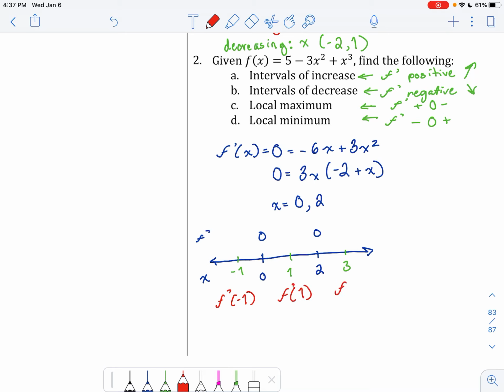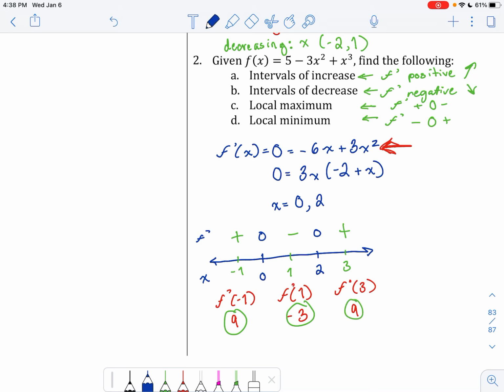So f prime of -1, f prime of 1, f prime of 3. And you can just plug that in to our formula right here. So -1 becomes 6 plus 3, so that's 9. 1 is -6 plus 3, -3. And 3 here is 9 again, meaning that we are looking at a positive interval, a negative interval. So +9, -3, +9 again.